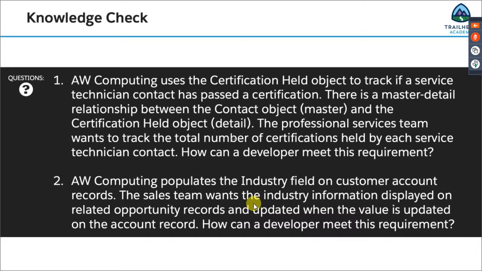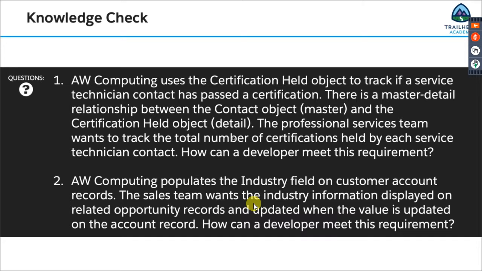And which one is the master and which one is the detail? Well, it says here there's a master detail relationship between the contact and certification. Contact cannot be a detail because it is a standard object. We know that. But also they're telling us the contact is the master and the certification is the detail. So now draw the three lines to indicate that the certification held is the detail.